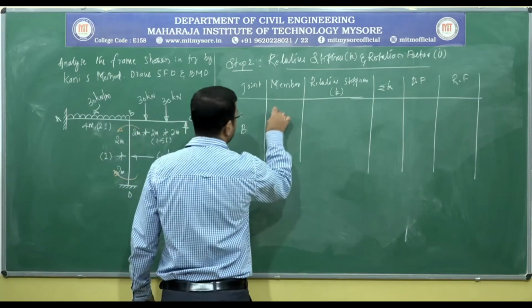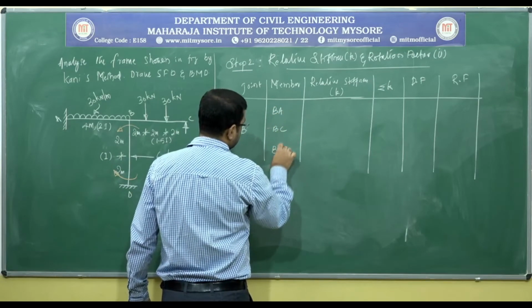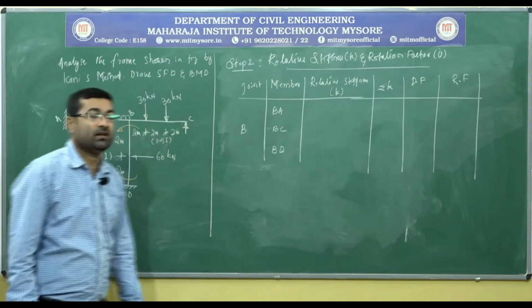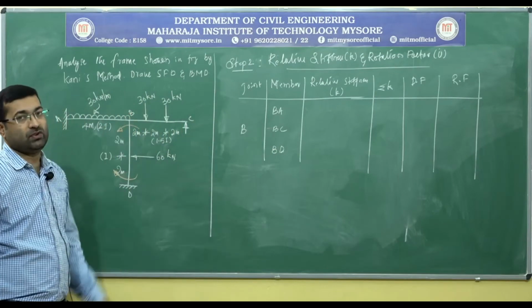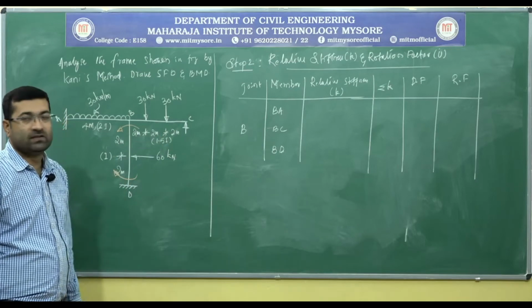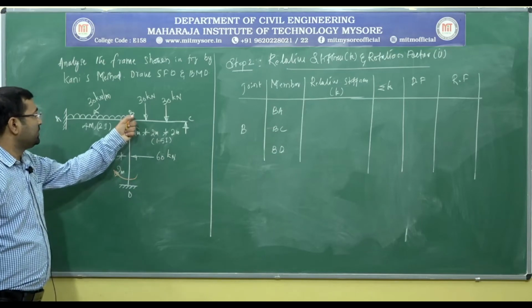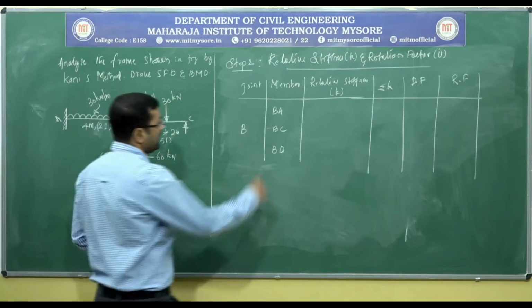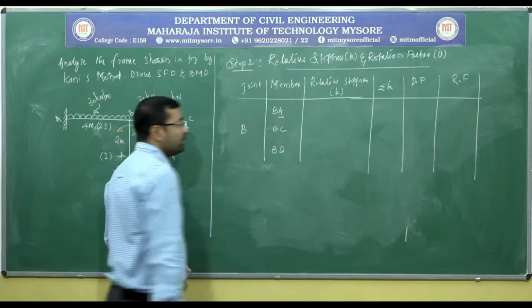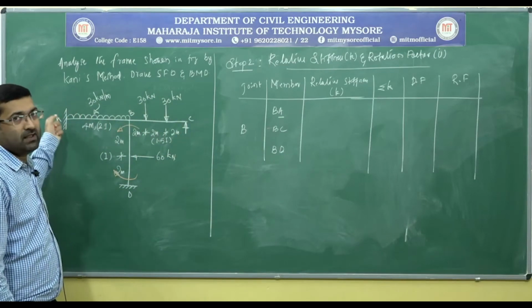One is BA, another one is BC, the last one is BD. These are the three members attached to this joint. So now we have to calculate the relative stiffness for all these three members. To calculate the relative stiffness, we need to observe the far end condition. So here for the BA member, the far end is fixed in nature.